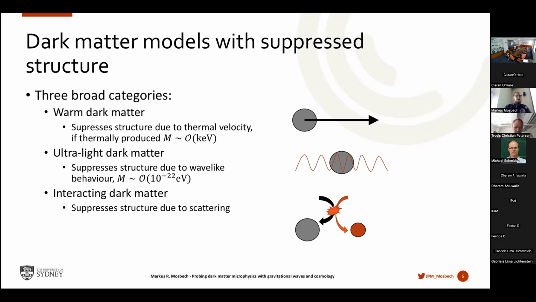Finally, we have interacting dark matter, which suppresses the small-scale structure. It looks similar to warm dark matter, but the mechanism is different because you have a scattering length, so you get a damping length. You can't really form structures that are smaller than the scattering length.